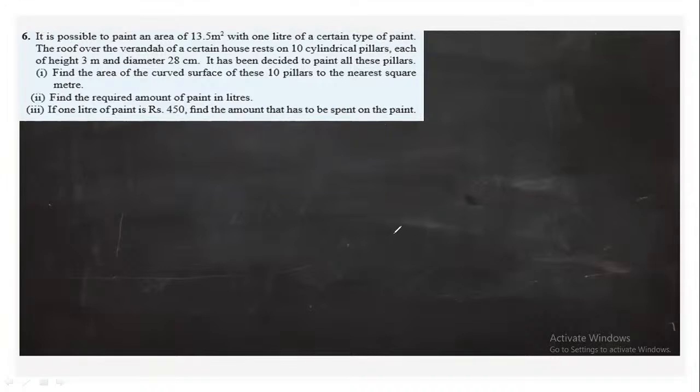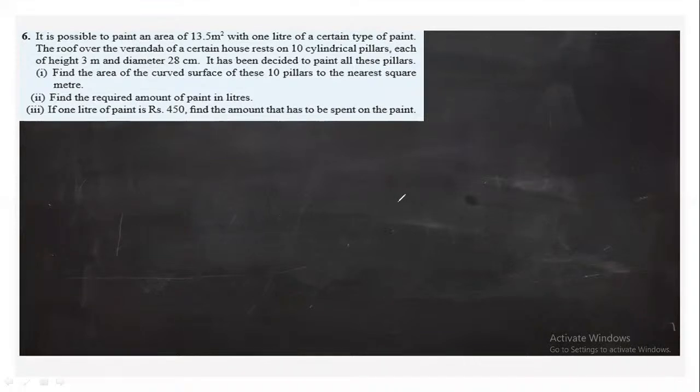It is possible to paint an area of 13.5 square meter with 1 liter of a certain type of paint. The roof over the veranda of a certain house rests on 10 cylindrical pillars, each of height 3 meter and diameter 28 centimeter.